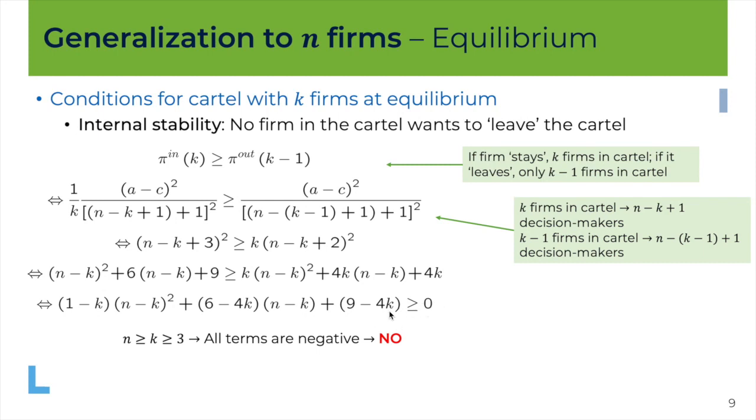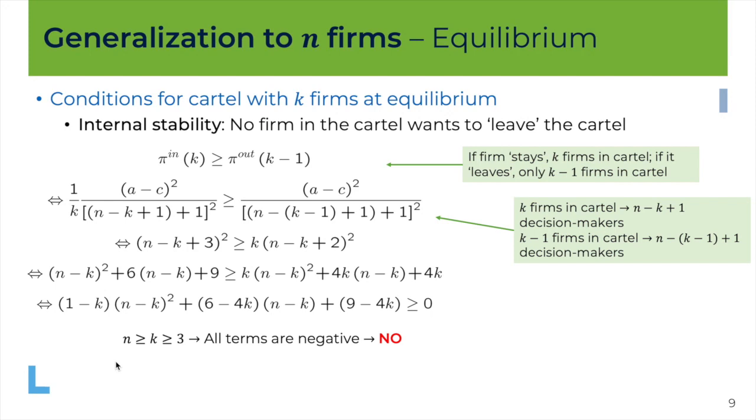So for example, if k is at least as large as 3, 9 minus 4k is negative, and the same goes for 6 minus 4k and for 1 minus k. Okay, so this is a first conclusion here that confirms that the case we saw with 3 firms led to a conclusion with no cartel forming, while this is true if n is larger than 3 as well.